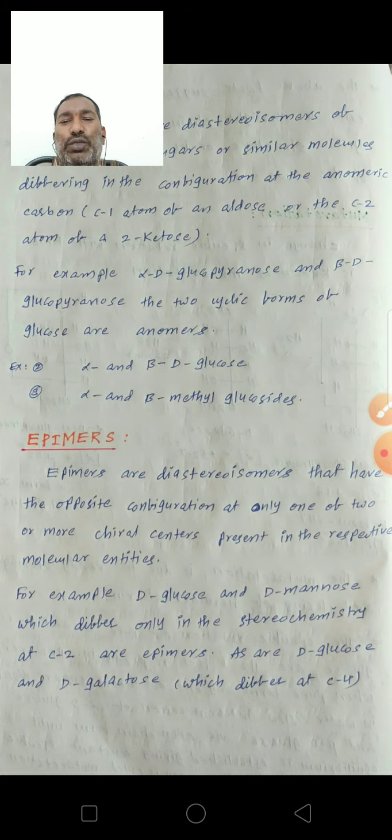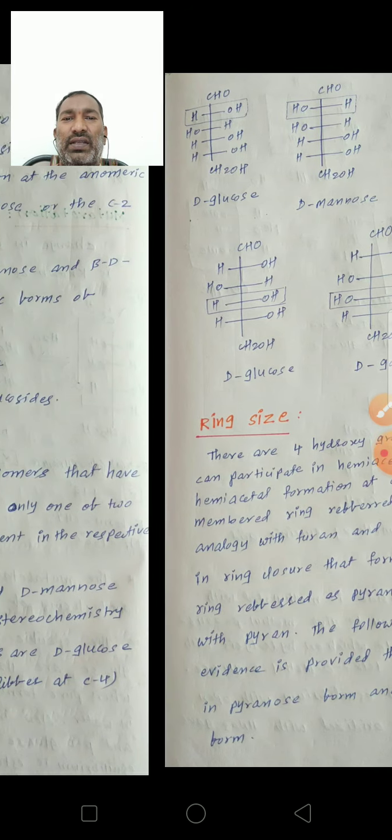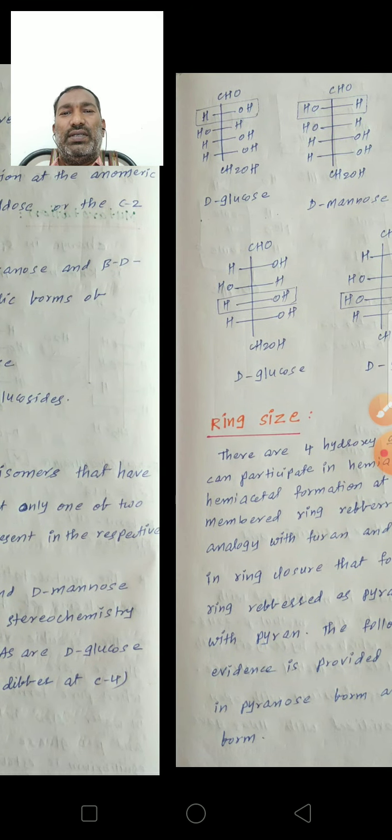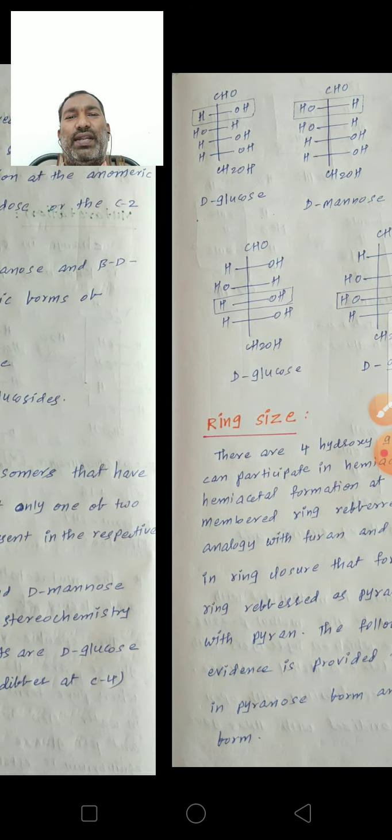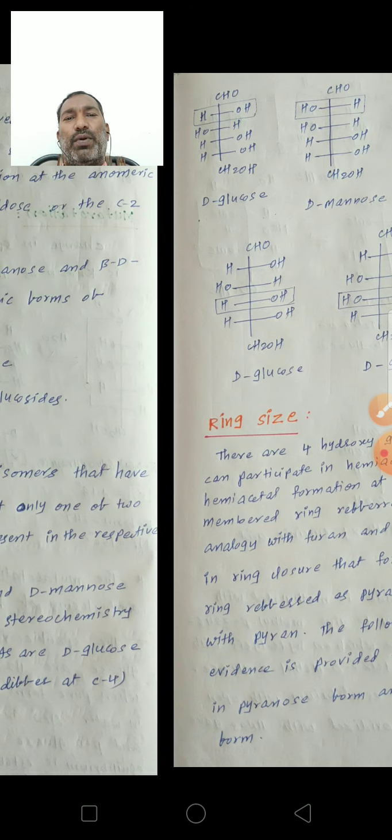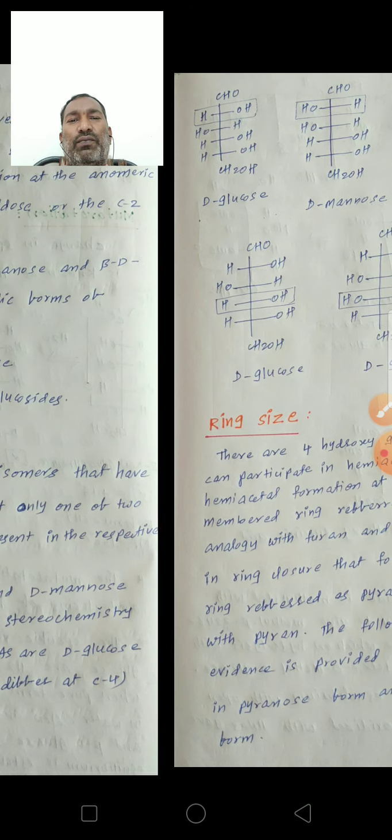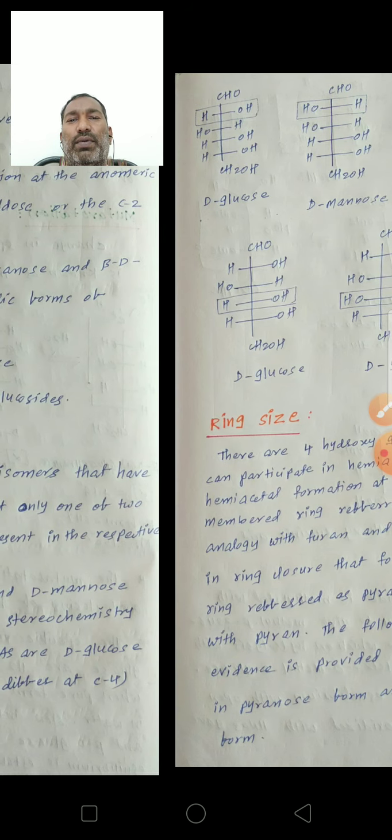See here, this is D-glucose and D-mannose. In D-glucose, the second carbon OH is on the right side, third carbon OH is on the left side, fourth carbon OH is on the right side, fifth carbon OH is on the right side. For D-mannose, second carbon OH is left, third carbon OH is left, fourth carbon OH is right, fifth carbon OH is right.